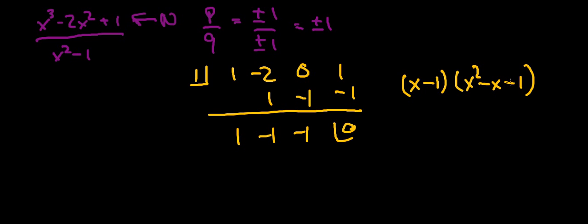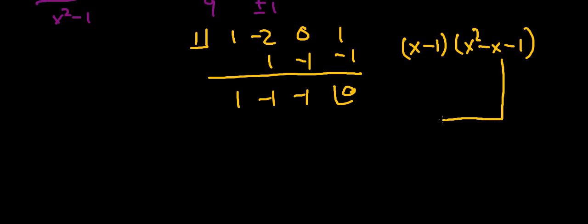And looking at this, I can say that there's not really a simple solution to this, not that I can think of. Two numbers that multiply to be minus 1 and add to be minus 1 as well. I really can't think of any off the top of my head. So what I'm just going to do is put this into the quadratic formula.